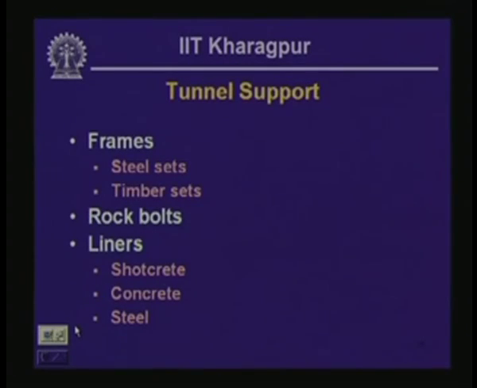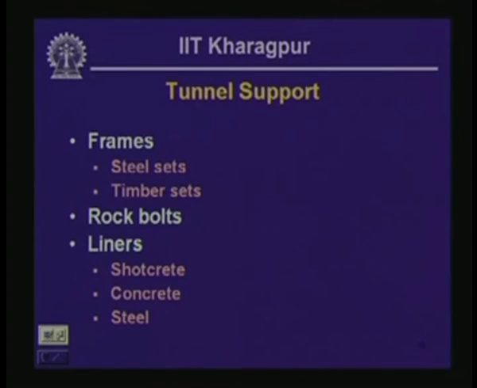Tunnel supports, what types of tunnel supports can we have? We could install frames of steel and timber inside the tunnel opening, and that is going to support the possible unstable blocks on the roof and the side wall of the tunnel. We could install rock bolts as we have seen, or we could install liners.